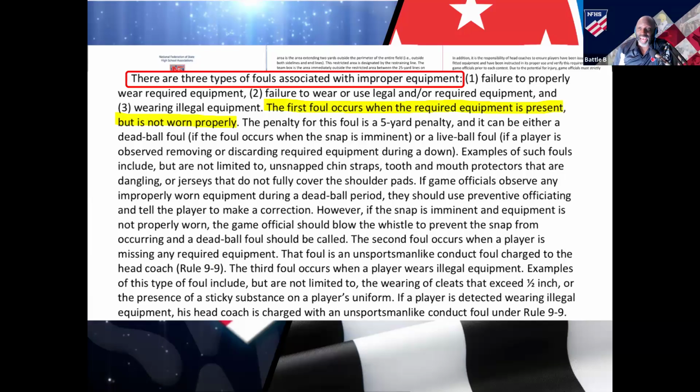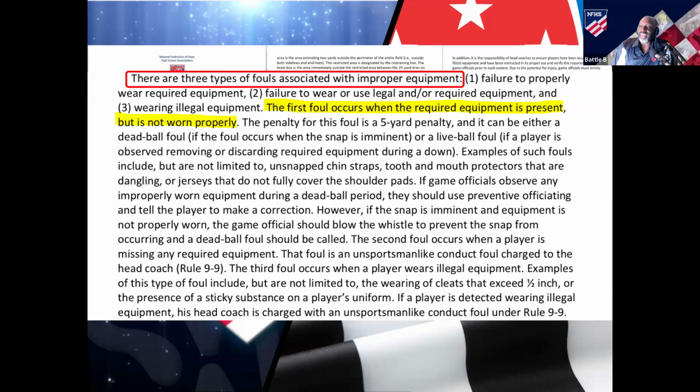The first foul occurs when the required equipment is present but not worn properly. Right? There was a 5-yard penalty. If the snap was imminent, you call a dead ball, you give a 5-yard penalty for not having a mouthpiece in. I remember doing it. I remember being in a youth game, throwing a flag, and it had to be like in 2004, 2005.